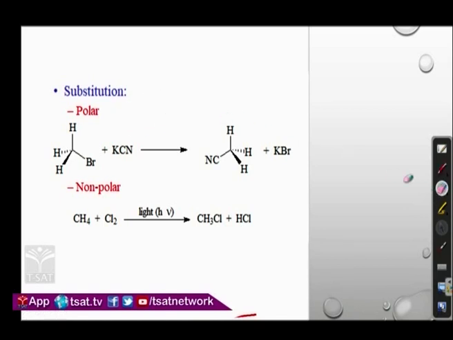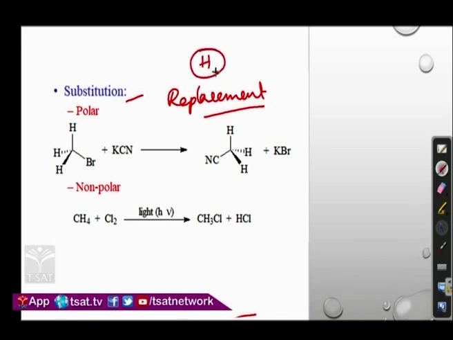substitution. These are very important reactions. Substitution reactions mean replacement. Okay, replacement. Basically, replacement means one atom or one part of the molecule is going to be replaced with another atom or part.